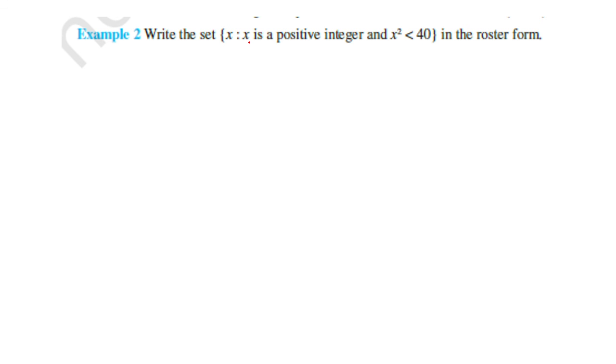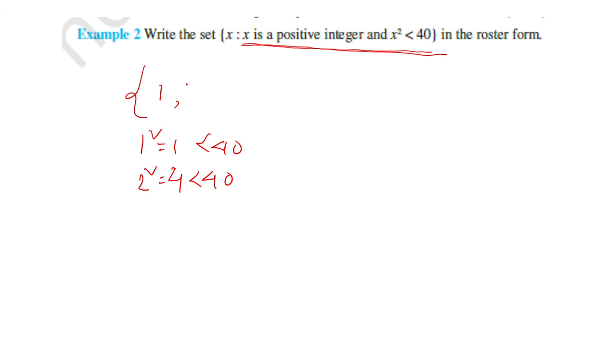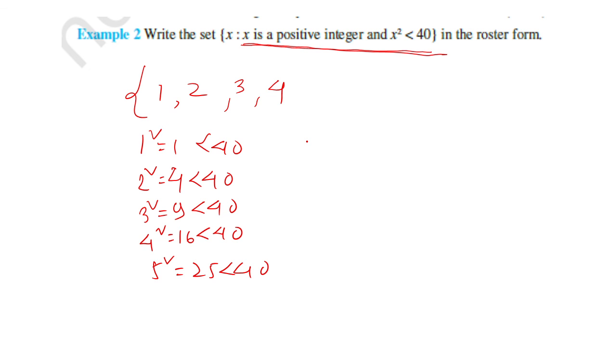Next, write the set of positive integers x such that x square is less than 40 in roster form. I have given this set in set builder form, so depending on this property, you have to write this set. How will you write it? You have to take an element x whose square is less than 40. 1 square is 1, which is less than 40, so 1 will be there. 2 square is 4, less than 40, so 2 will be there. 3 square is 9, less than 40, so 3 will be there. 4 square is 16, less than 40, so 4 will be there. 5 square is 25, less than 40, so 5 will be there.